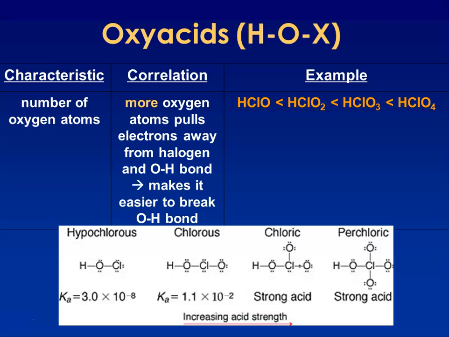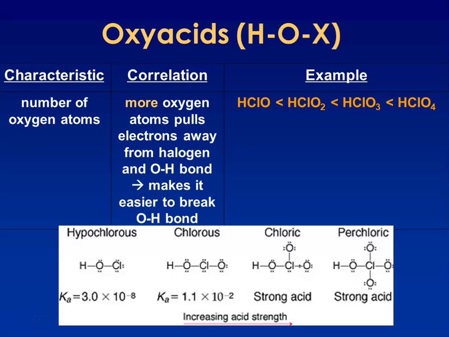So additional oxygens is going to help to polarize that bond, pull the electrons away, and make it easier to break it. So we see in these examples here, HOCl or HClO is going to be the weakest of these four oxyacids. And then HClO4 is one of our six strong acids.